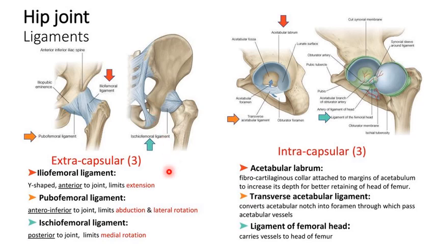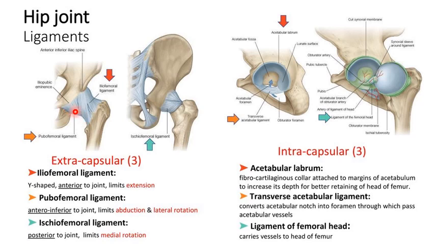Of these, the iliofemoral ligament is a Y-shaped ligament and is anterior to the joint, and it limits the extension movement.